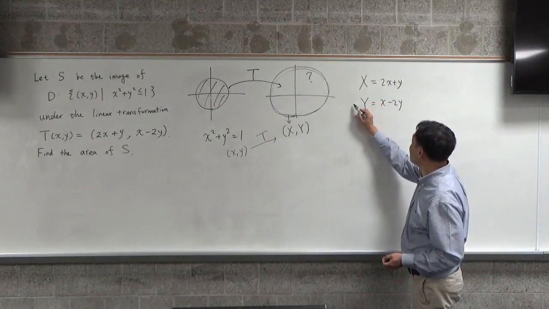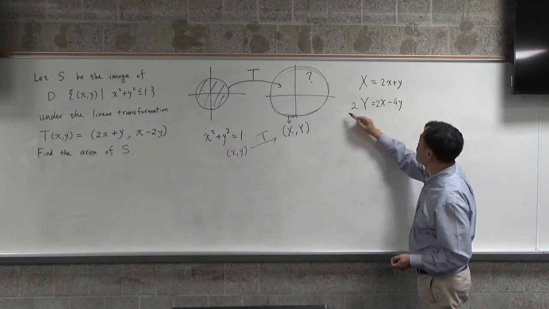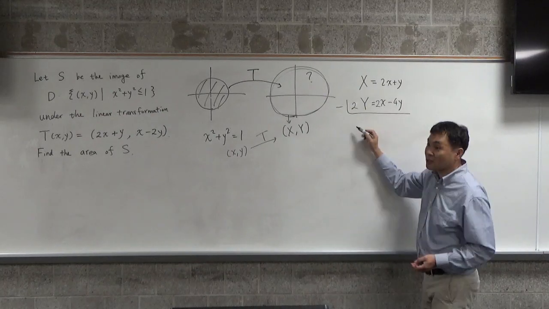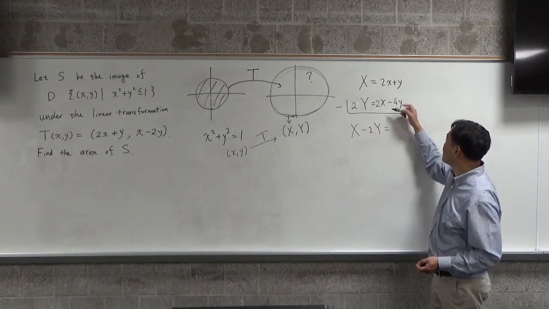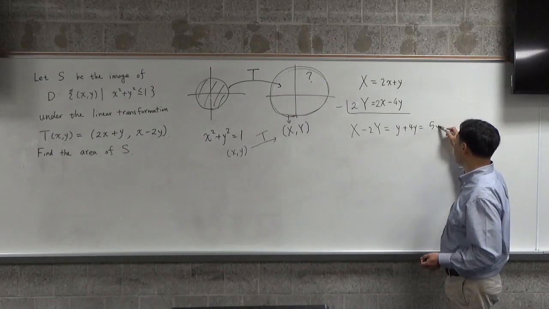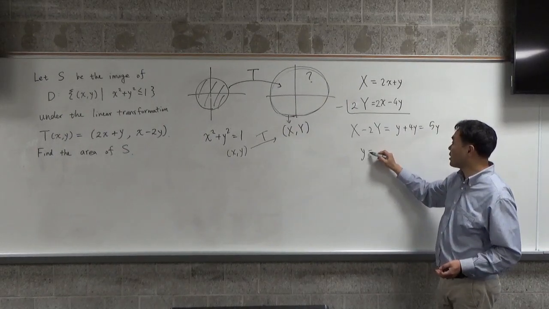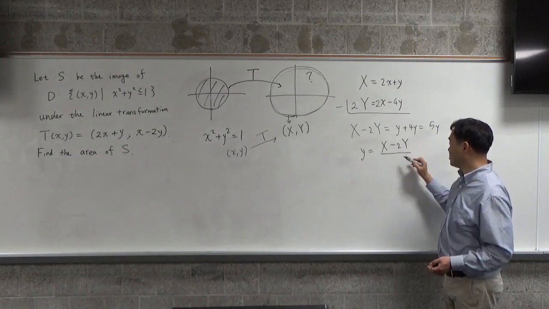Just multiply 2 to the second one, so this is 2 capital Y. Subtract, and that gives you X minus 2Y equals y plus 4y, which is equal to 5y, right? So we see that small y is the same as X minus 2Y over 5.